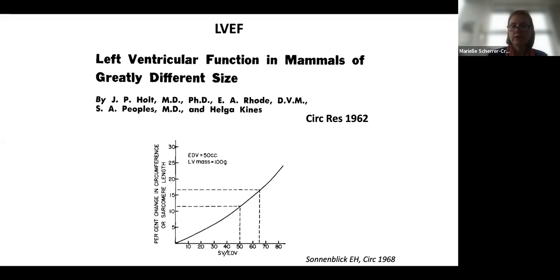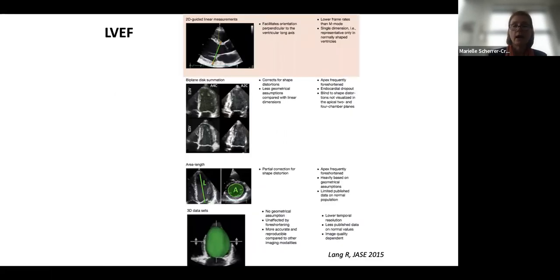And then there was some very elegant work by Edmund Sonnenblick at Einstein that showed the relationship between the LVEF, which is here, and the percent change in sarcomere length in isolated papillary muscle, validating this concept. This is just to show you the recommendations of the American Society of Echocardiography for the different ways of measuring LVEF.